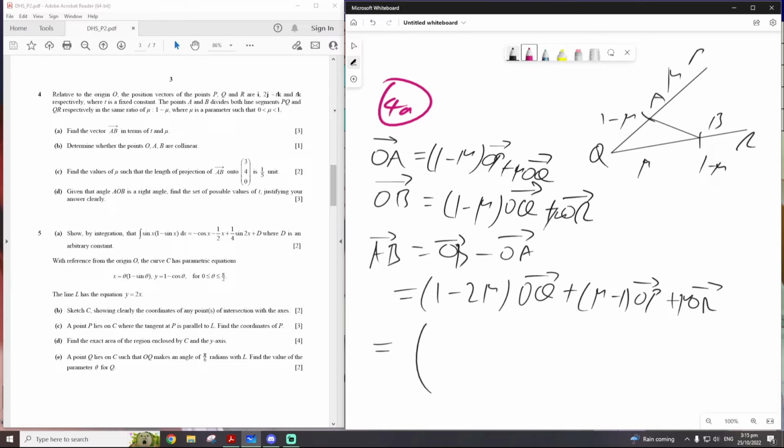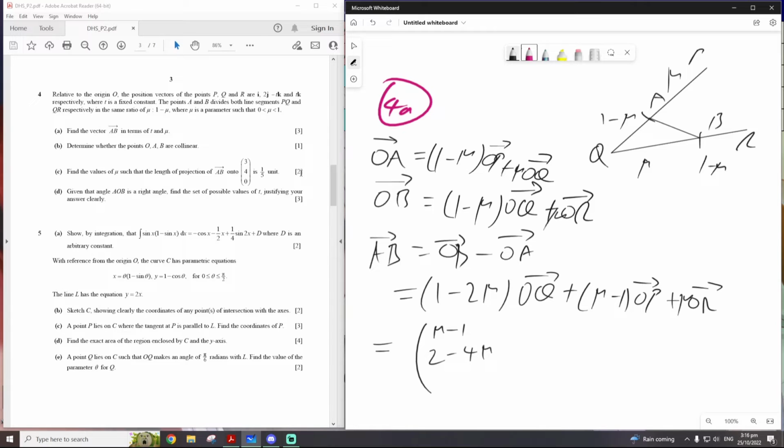So we need to look at the i component. The only i component comes from OP, so the i component is mu minus 1. The j component depends only on Q, sorry, so that is just 1 minus 2 mu, or rather 2 minus 4 mu, I think, because it's 2 times.